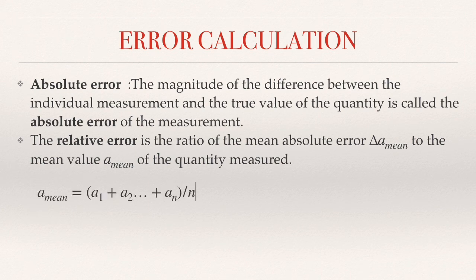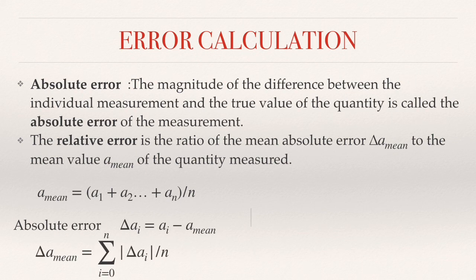Suppose we take measurements A1, A2, A3, up to AN. How will we take the mean? It's very simple. You just sum them up and divide by the number of measurements. After getting A mean, for the absolute error of the first measurement, we just subtract the mean from it.